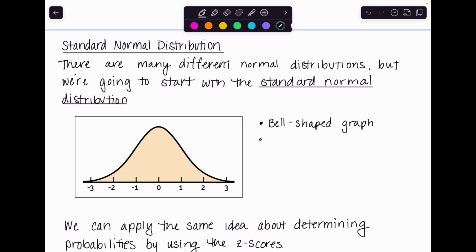Standard normal means the mean is going to be 0. So the mean ends up falling right here in the middle. And our standard deviation is going to be exactly 1. So what this represents on the graph is the mean plus 1 standard deviation. This is the mean minus 1 standard deviation, and so on.